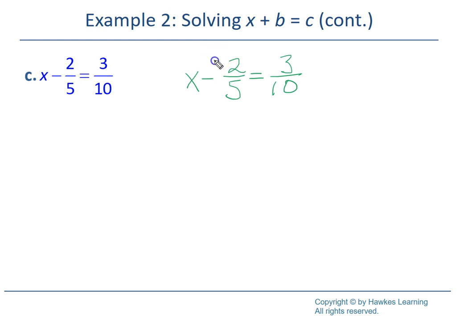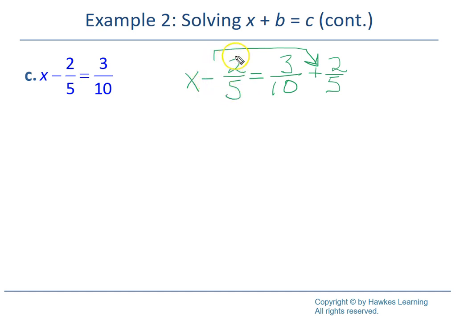Well, a method that we use in later algebra is something that's called transposition, where we take a term from one side of the equation and just bring it over to the other side, and in so doing, just change its sign. So on this side it was a negative 2/5.